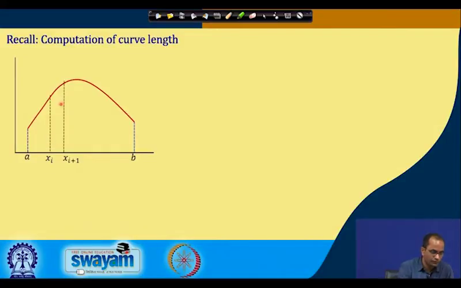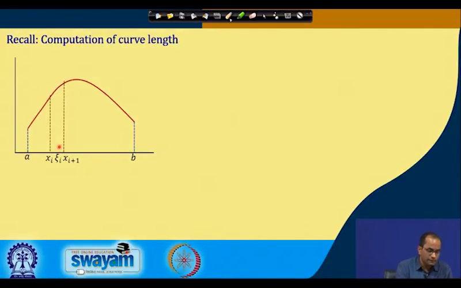What we do is divide the whole domain from A to B into small intervals from x_i to x_{i+1}, and we have discretized the whole domain from A to B into n such intervals.